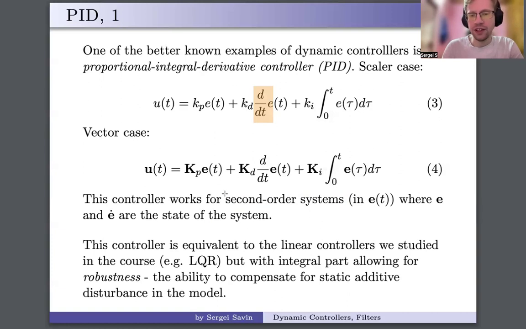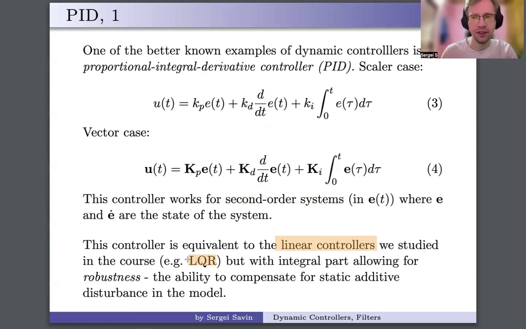So that's why it is for second order systems, because we have this term. Okay. So this controller is equivalent to the linear controllers we studied, like LQR, this u equals Kx.